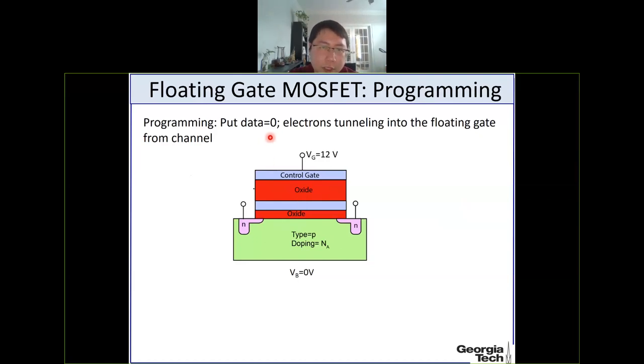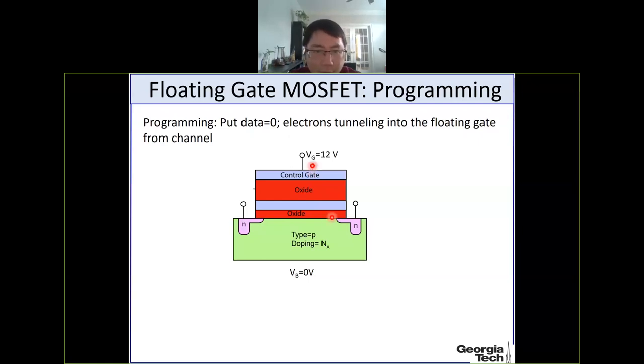Let's write the data into the floating gate. Let's say we want to inject electrons from the channel to the floating gate. This is to program the cell, changing from 1 to 0.